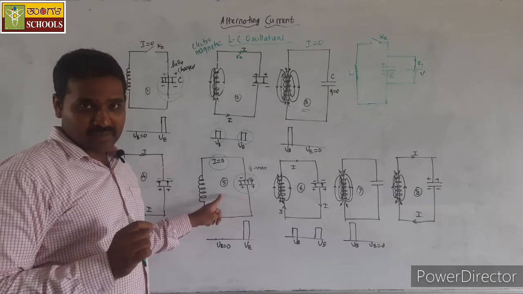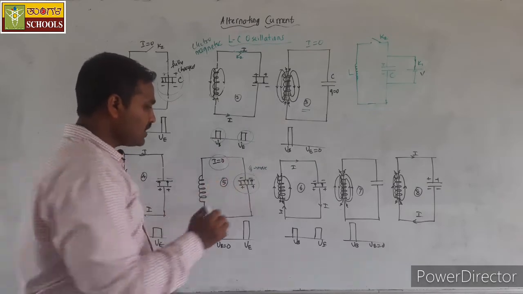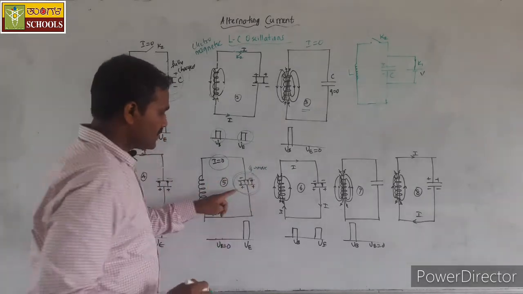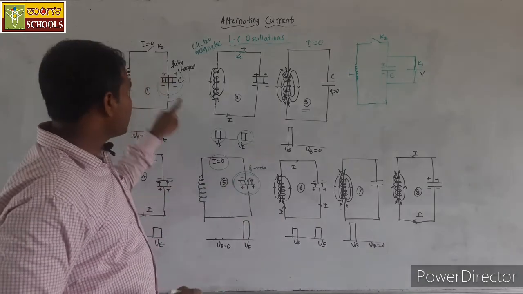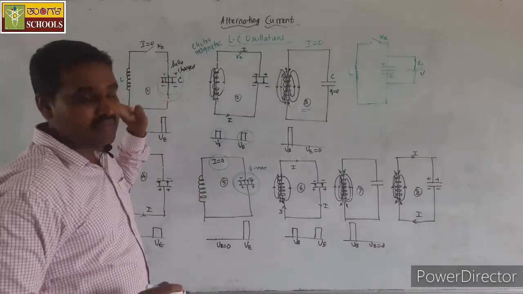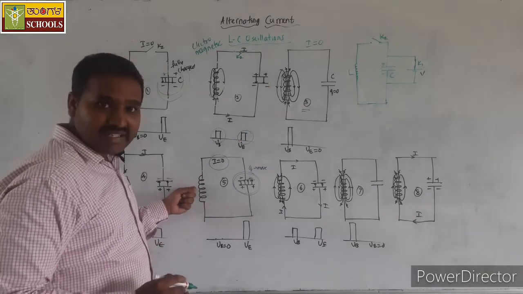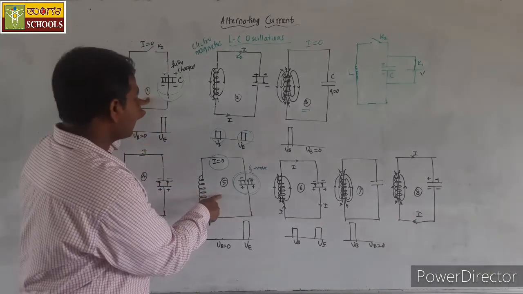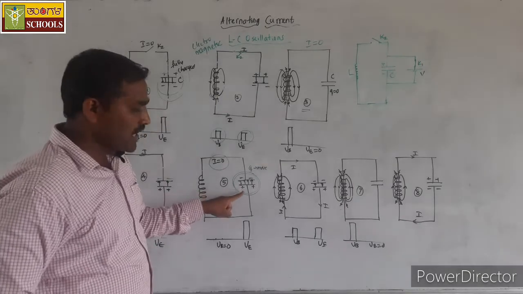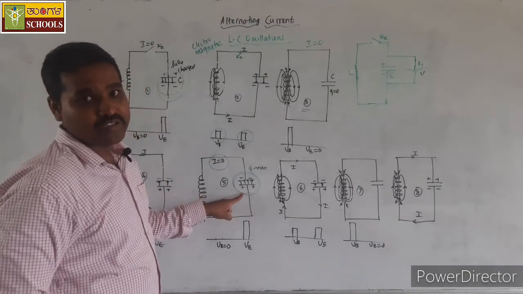In this position, the capacitor is charged with opposite polarity compared to the first step, and we don't have any magnetic flux in the inductor. These two positions are similar, but only the polarity of the capacitor is opposite.